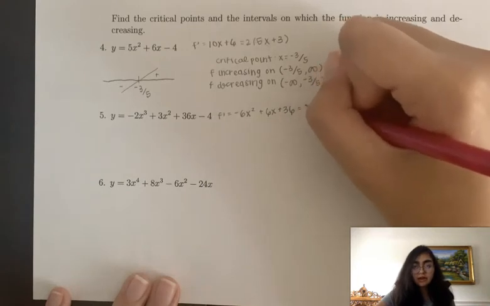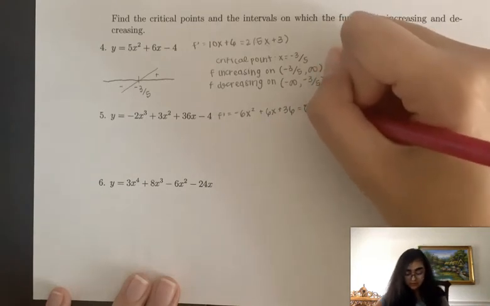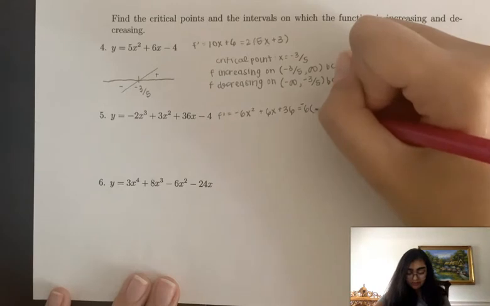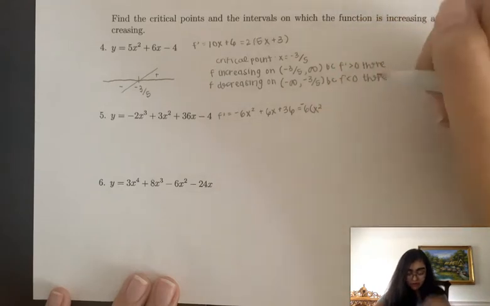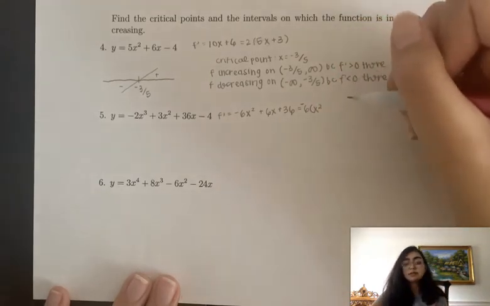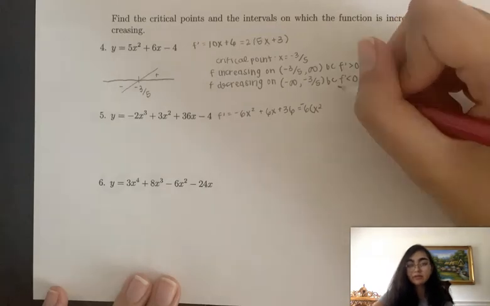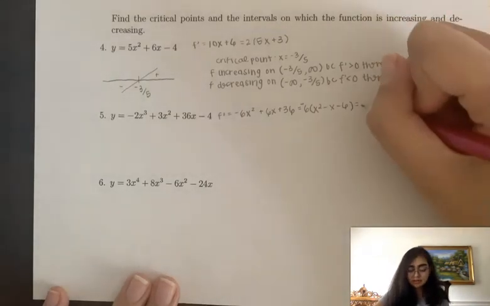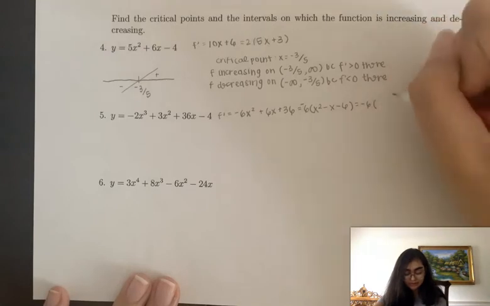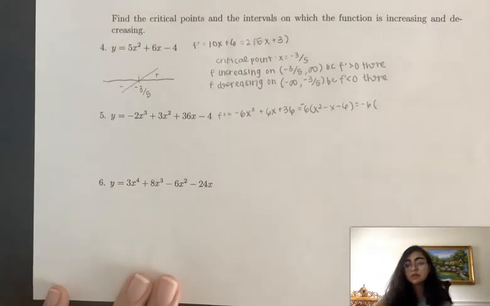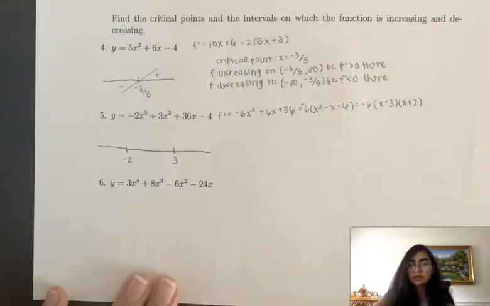First, we're going to take out a -6, and that'll give us x squared in parentheses minus x minus 6. And we can factor that little expression inside the parentheses to give us -6 times x minus 3 times x plus 2. So like that.